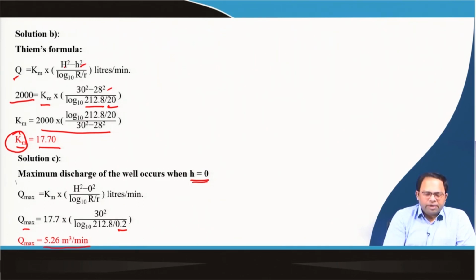Or sorry, if it is not meter cube, I think we have to solve it for liters per minute in the same way over here. So, we need to adjust for that particular value. I have to check this, it is either 5.26 meter cube per minute, or we can give it in liters per minute as well.